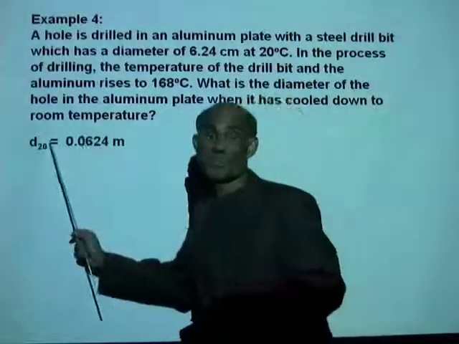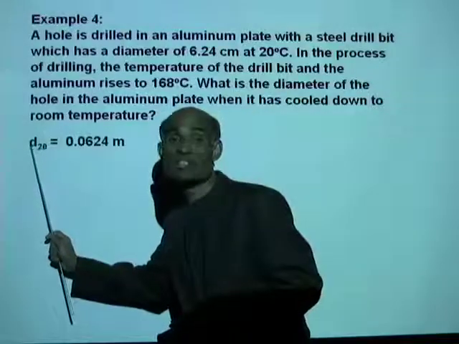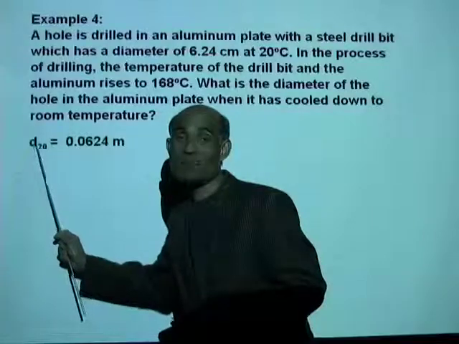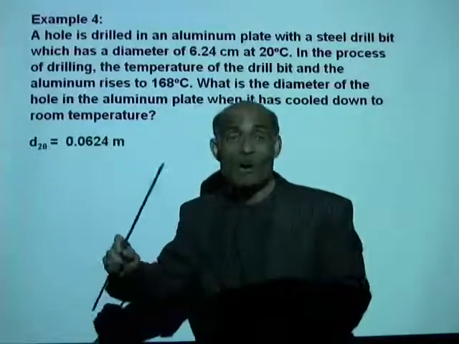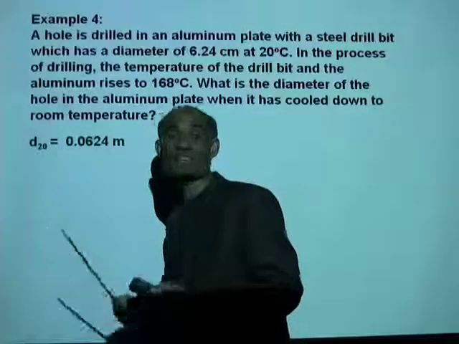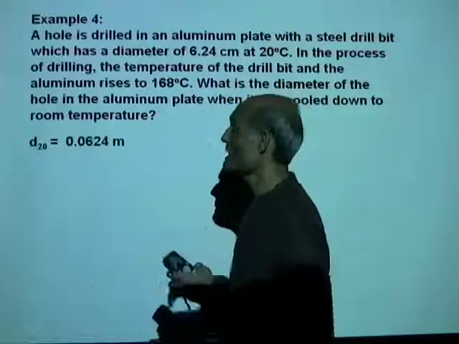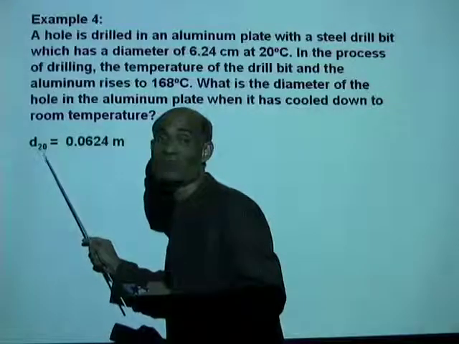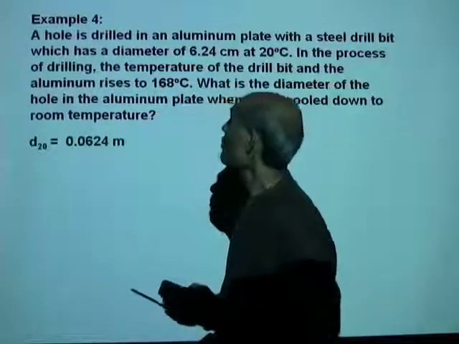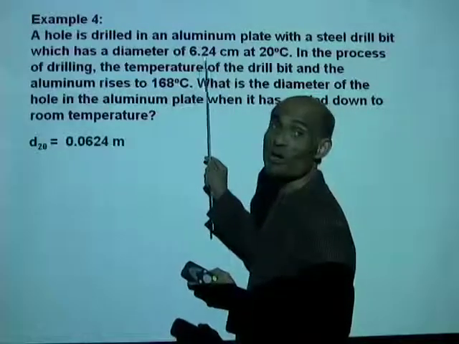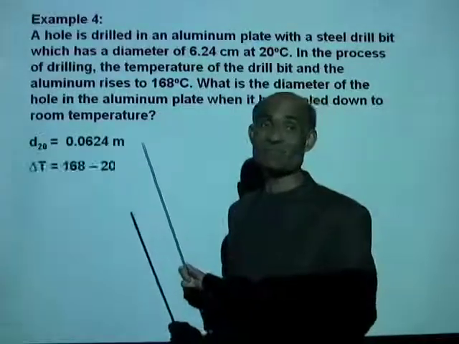Now don't confuse here, this D is not density. D20 means the diameter of the drill bit at 20 degrees Celsius. Diameter of the drill bit at 20 degrees Celsius is 0.0624 meter, 6.24 centimeter.